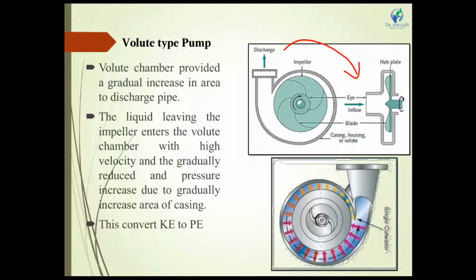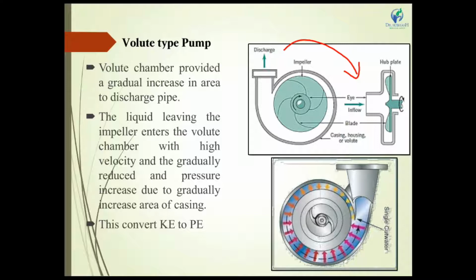For example, if you take any object and rotate it at a high speed around some center, and then release this body at an angle, the body moves away from its original center, meaning it tries to oppose the center.